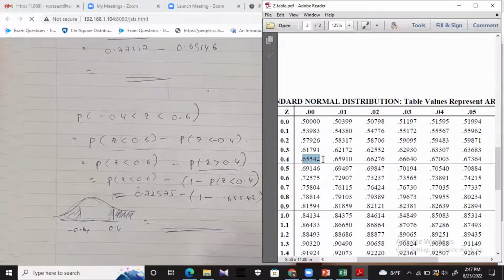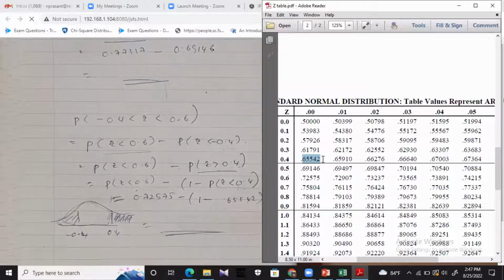You can use a calculator to find the answer. I'm not going to solve it.